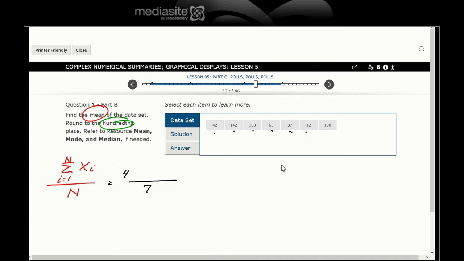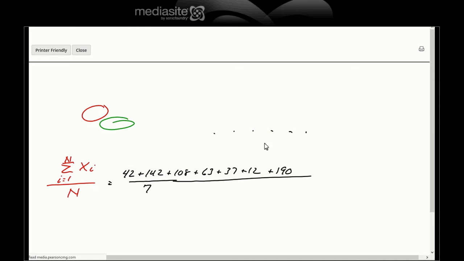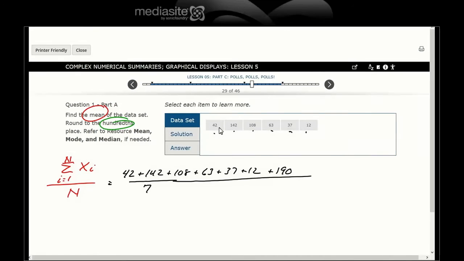And we'll add up all the numbers on the top. Now, looks like 42, 142, 108, 63, 37, 12.